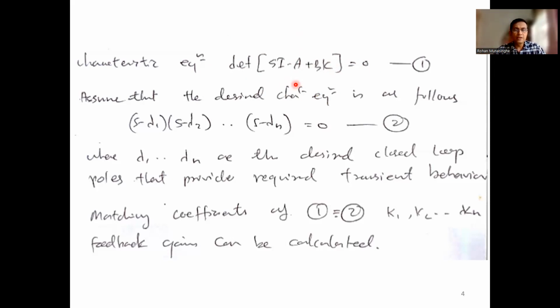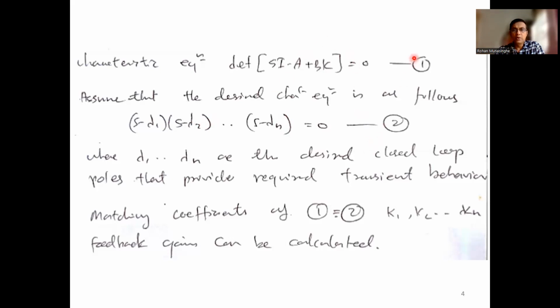Let's assume I want to place my poles in these positions, lambda 1, lambda 2, up to lambda n. It's an n-dimensional system, so there are n poles, and I dictate that the first pole is at this location, the second pole at this location, and so on, because poles determine the response coming out of the plant.